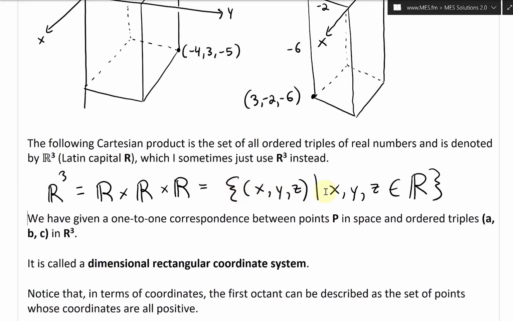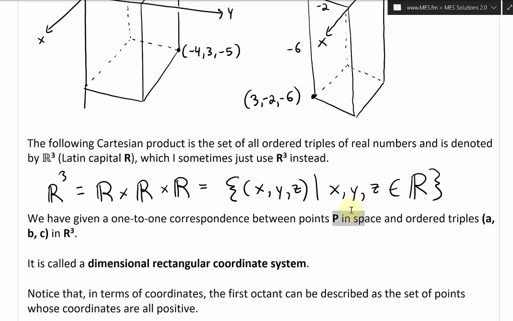Alright, so now we have a set of all of these points (x, y, z), or of all these ordered triples, and we have given a 1-to-1 correspondence between points P in space and ordered triples (a, b, c) in R3, where these are all real numbers. So each point has a 1-to-1 correspondence with this collection of triples.